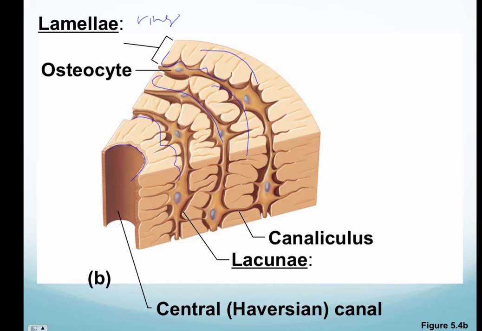Between these lamellae, I also want you to notice that we have this space that's formed, and these are called lacunae. These are cavities housing cells called osteocytes.